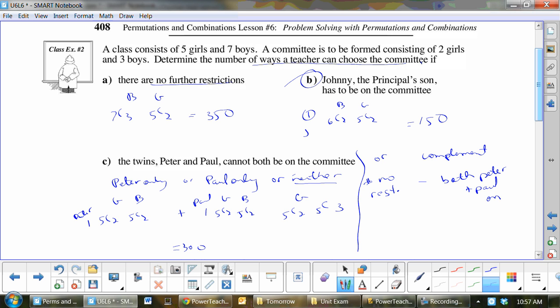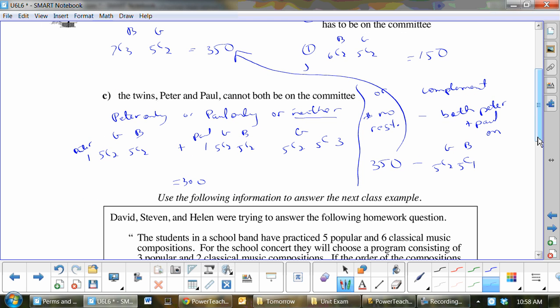So we know no restrictions is 350. We did that one already, right? Minus, how would I find both of them are on? Girls and boys. How would I pick the girls? 5 choose 2. How would I pick the boys? Very good. 5 choose 1. Because Peter and Paul are both on already. So you take them out of the pool. And you'll get, that's 50, so 350 minus 50 is 300.